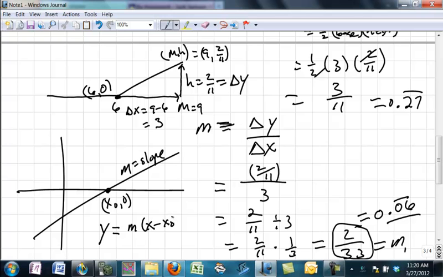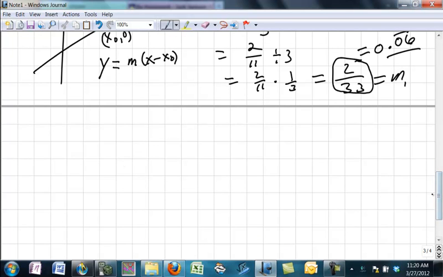So in our case, the m was 2 over 33, and the x sub 0 was 6. So the equation of the line is y equals 2 over 33 times x minus 6.